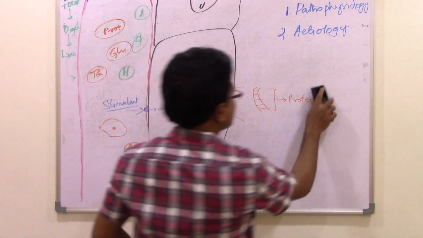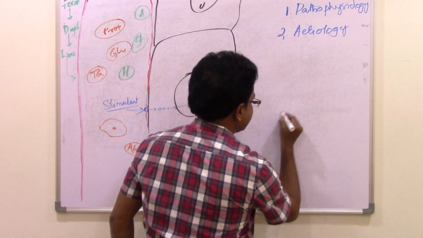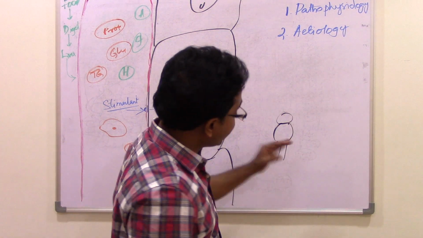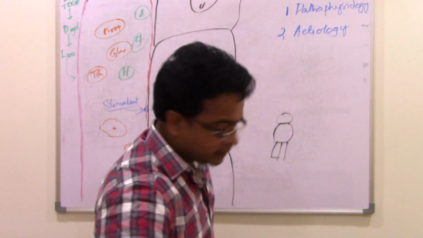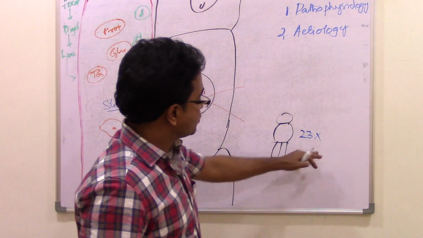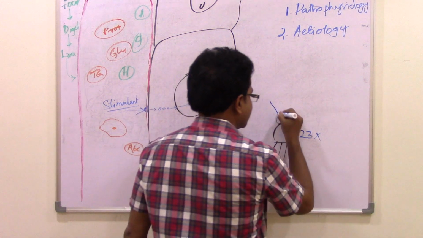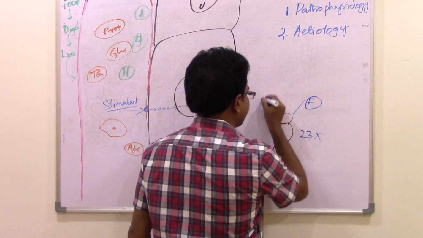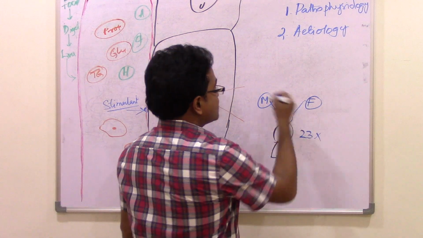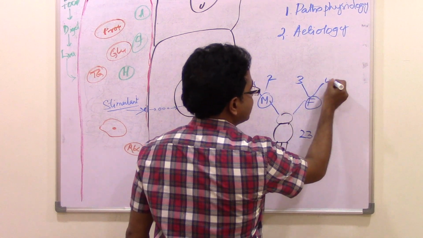Now let's come back to the story that there is one man, right? He has 23 pairs of chromosomes. He doesn't make his own chromosomes, he gets them from his father and mother. Right? Now, they also get them from their father and mother.